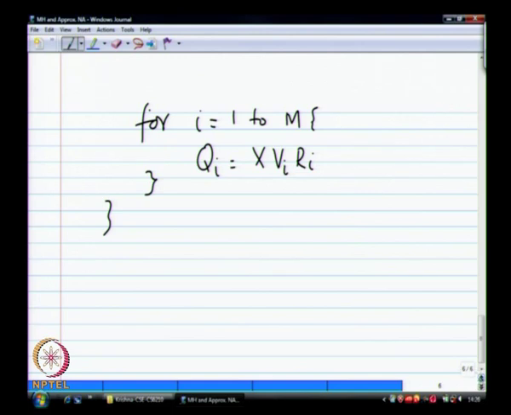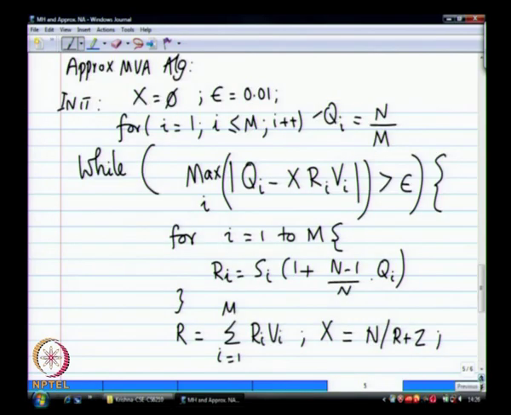I have to basically store the previous value of QI in some temporary variable. So if I keep this as QI, then I should replace this with the QI dash, before I calculate.